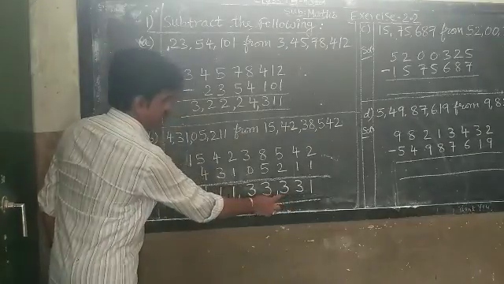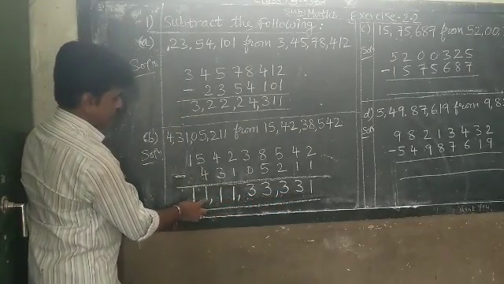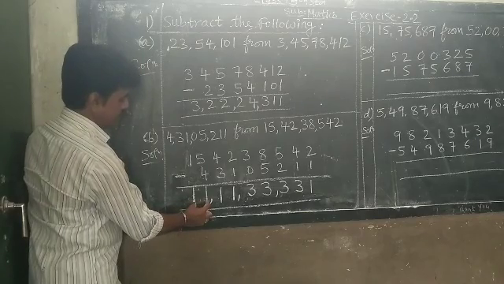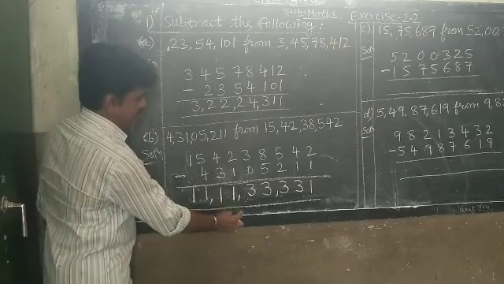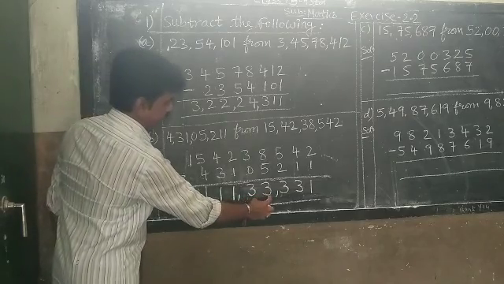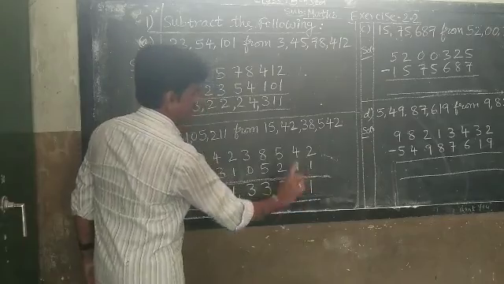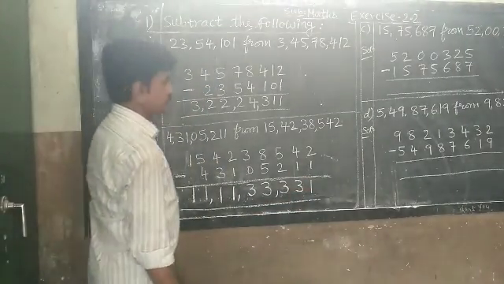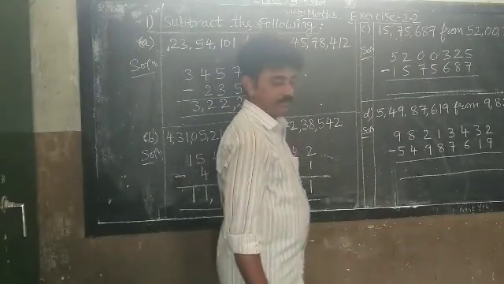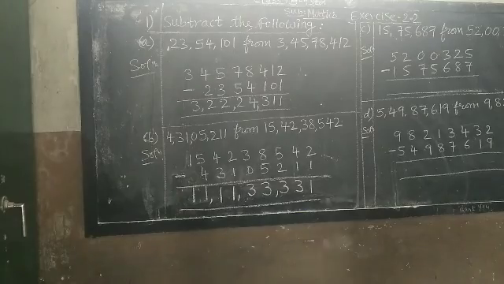Crore and 10 crore means 11 crore. Lakh and 10 lakhs, 11 lakhs. 1000 and 10,000, 33,000 and 331. This is how you can read it in words also. Similarly, let us see C and D questions.